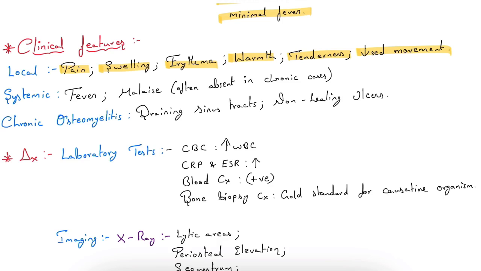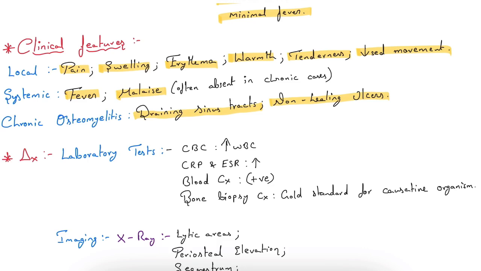In systemic clinical features, we can see fever and malaise, chills, and pains, which are often absent in chronic cases. In chronic osteomyelitis, we can see draining sinus tracts, non-healing ulcers, pus discharge, bone deformity, and restricted movements. These are the clinical features of osteomyelitis.